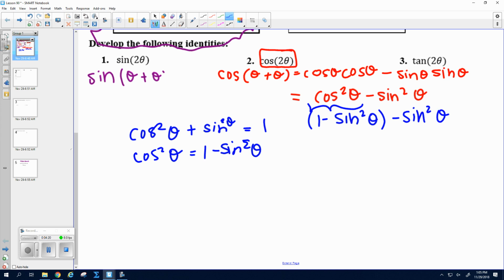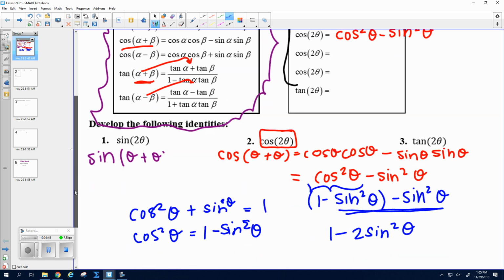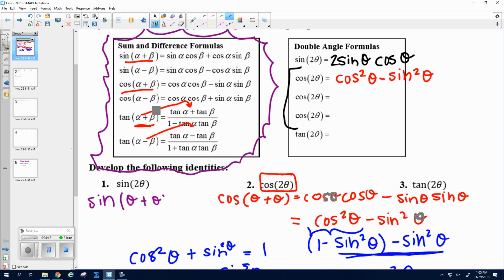So I'm using that number 1 Pythagorean identity and replacing cosine squared with 1 minus sine squared. Okay? So now these guys can add together right here. There's minus a sine squared theta and minus a sine squared theta, which is minus 2 sine squared theta. So that's the next formula we could also write down. So cosine 2 theta is also equal to 1 minus 2 sine squared theta.